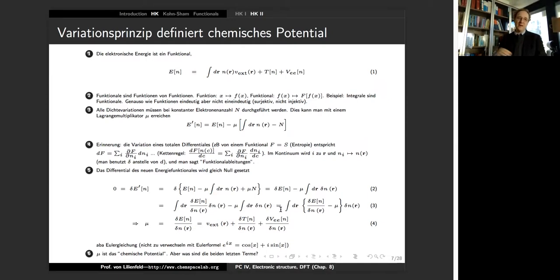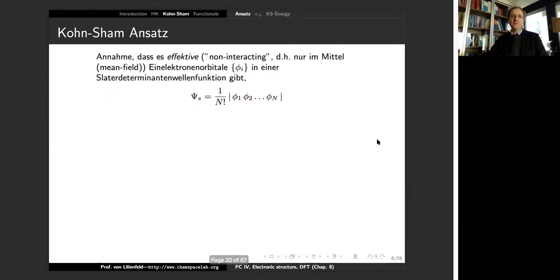Because that's part of your job here, to impose this up here, and only then you can get equation 1 really explicitly. And so this is the trick, or the problem in DFT, that we don't really know the exact explicit form of all the terms in our energy, or in other words, we don't know how the operators should look like that act on your electron density such that you recover your energy.